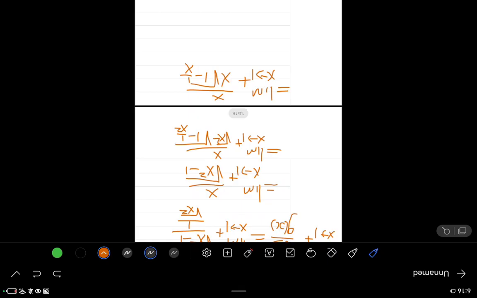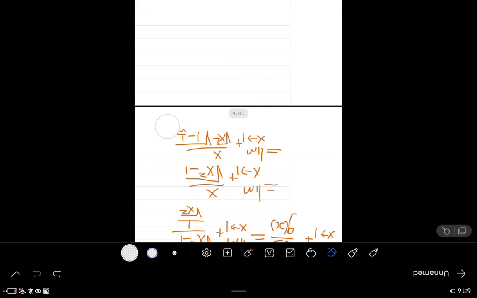Oh, it's fine, let's do this. I think we can do this. There's this one which we can try to apply: x over root of x minus 1, x plus 1, and this will be equal to the limit.